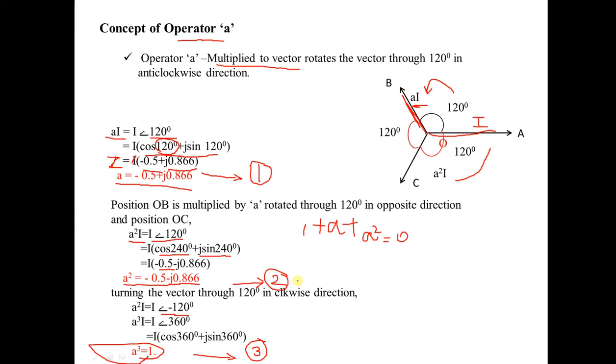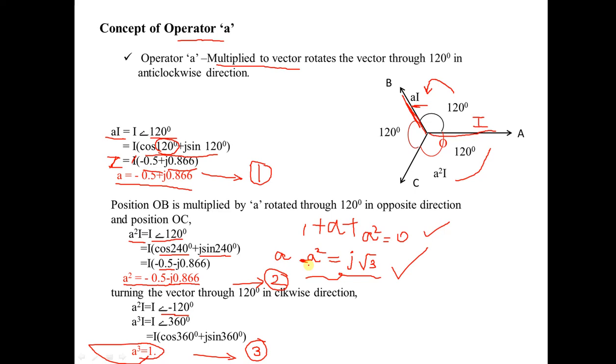If I subtract equation 2 and 1, I will get A minus A square, so the sign changes. A minus A square will be equal to j root 3. It appears by subtracting the second and first equations. And for the other identity we are just adding 1 and 2. Adding and subtracting will give these identities.